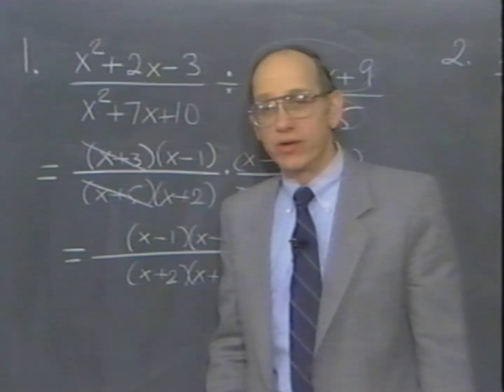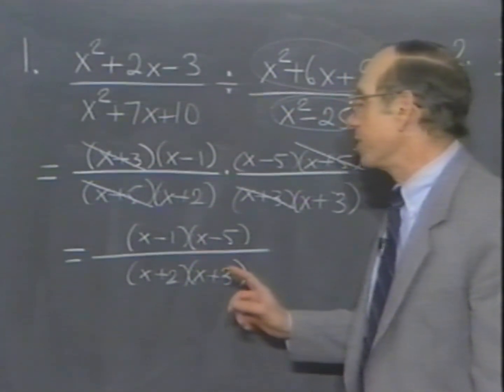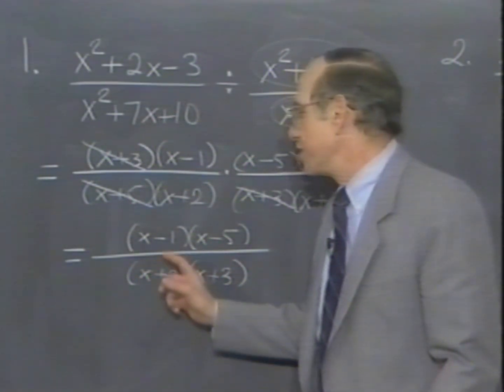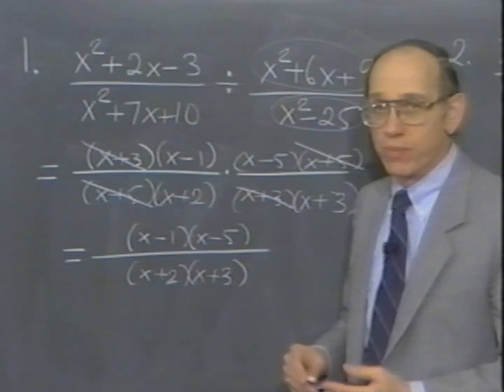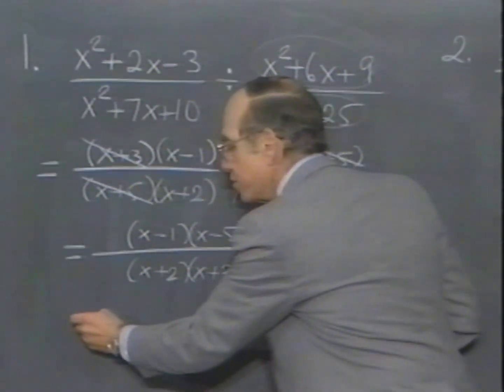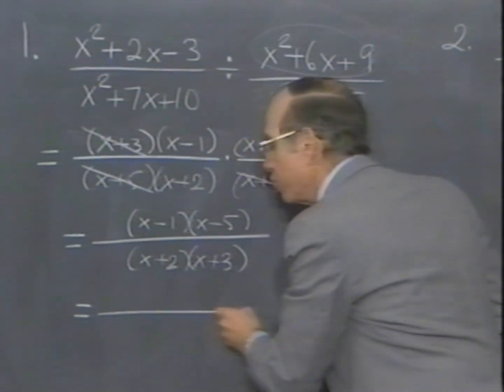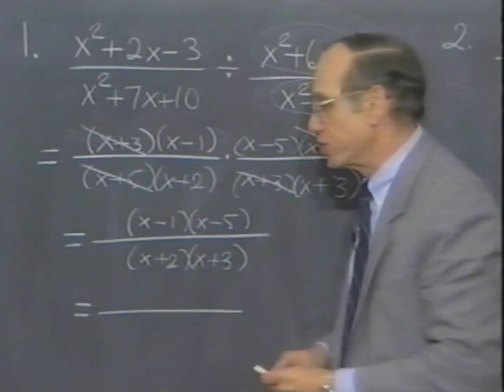Now, this is a perfectly good answer, but of course many people would like to see it written as a trinomial over a trinomial, because that was really the form in which the problem was originally presented to us. So let's just multiply this out and show you what an alternate form of the answer would look like.